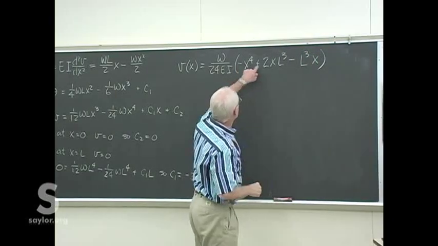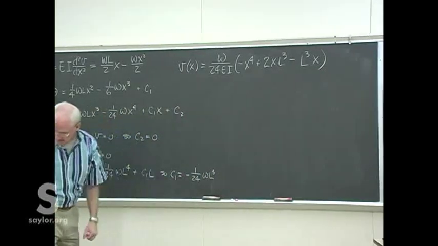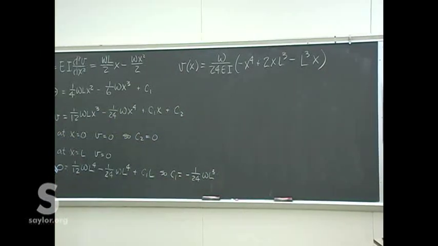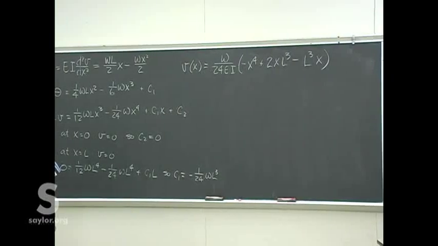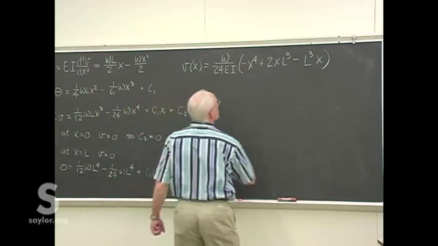Let's see, length to the fourth, length to the fourth, length to the fourth, we're okay. So we can at least check that. We can't check the minus signs any other way than being careful. The second one should be 2x cubed L. 2lx cubed, yeah, I switched those.